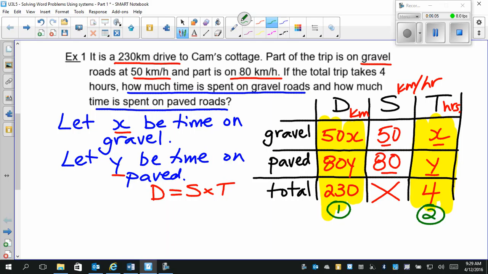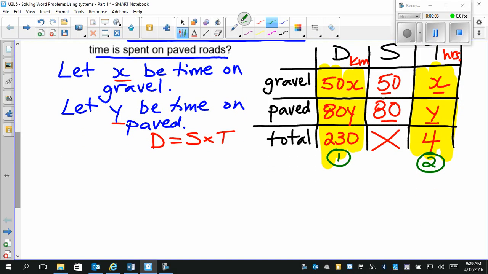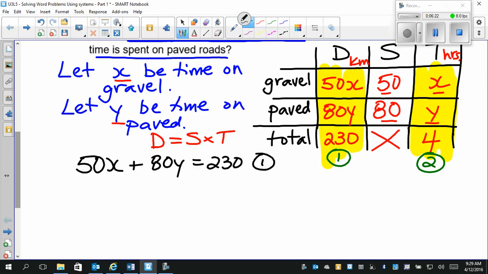So that means that 50x plus 80y equals 230. So that's equation 1. And then I've got x plus y equals 4. And that's equation 2. At this point, we can totally forget about any of the word problem stuff and just concentrate on solving this system like we've been doing for the last week or so.